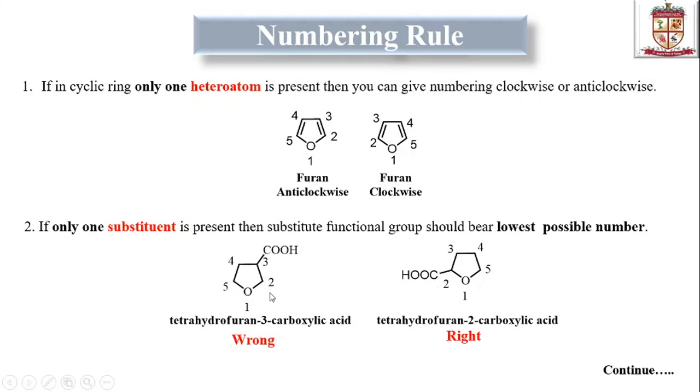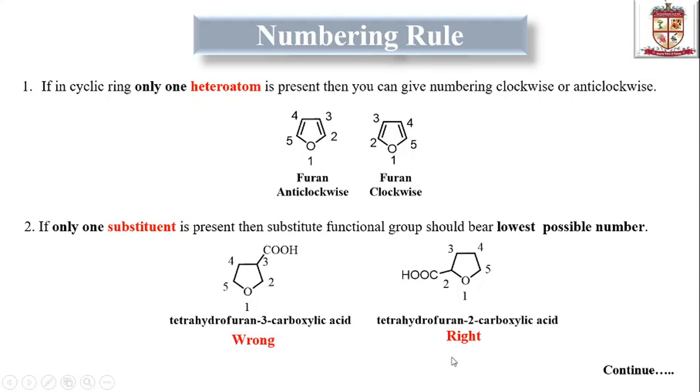If we give the numbering like that, 1, 2, 3, 4, 5, this carboxylic acid group bears position number 3, that means it is attached to the carbon which has the number 3, and in another case this carboxylic acid is attached to the carbon which has the position number 2. In that case, the right answer is tetrahydrofuran 2-carboxylic acid.